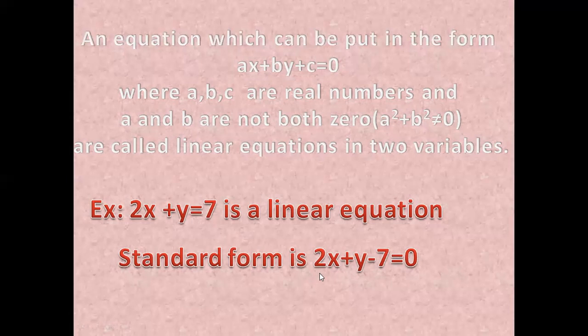So now compare with the general form of the equation. What is the value of a? That is 2. Value of b is 1. Value of c is minus 7. You have to write 3 more examples for linear equation in 2 variables and write the values of a, b and c so that you understand better.